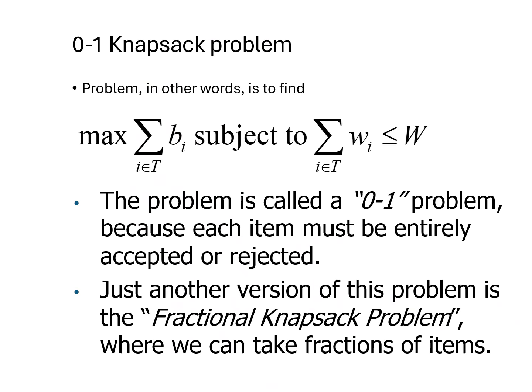We can define this problem mathematically as shown in this equation. We need to maximize the benefit of all the picked items, subject to the weight of all picked items being less than or equal to the total capacity of the knapsack.